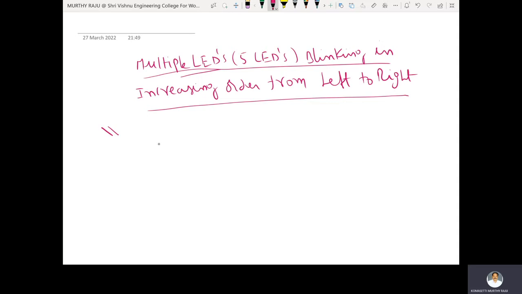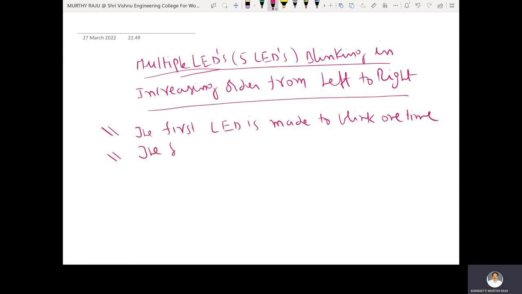The first LED is made to blink one time.